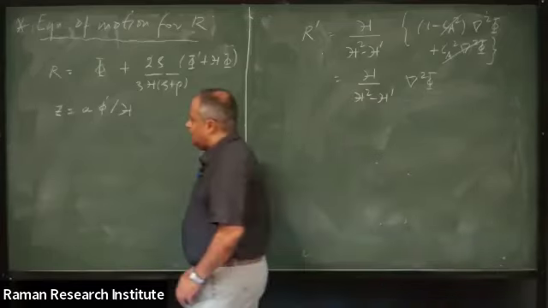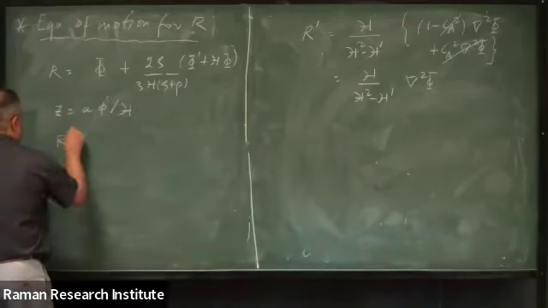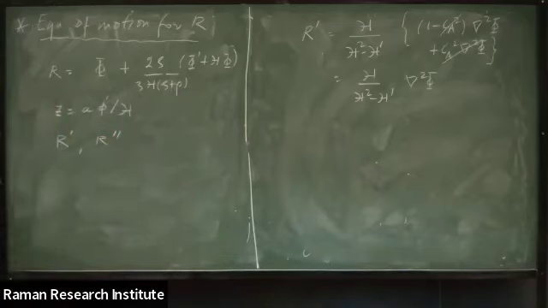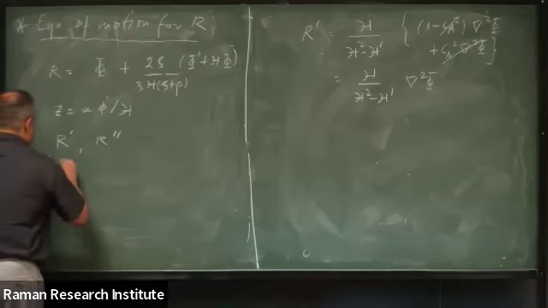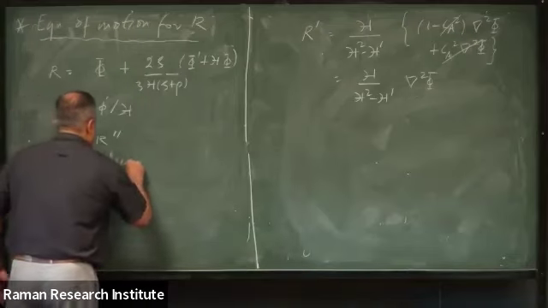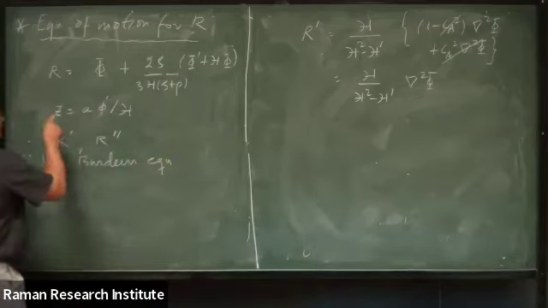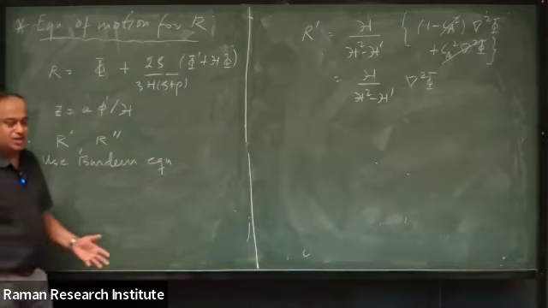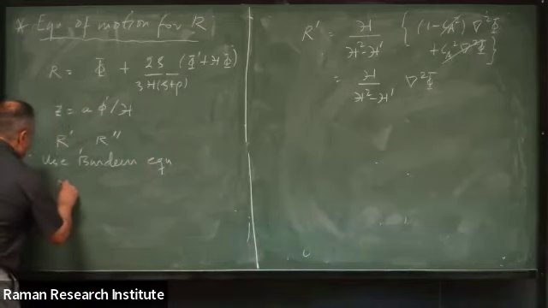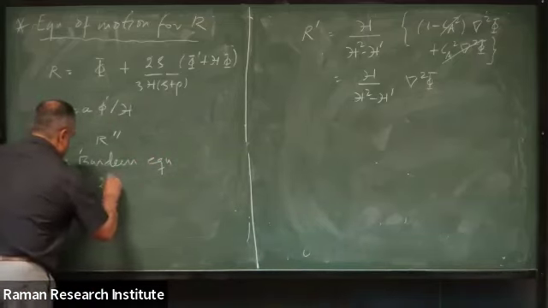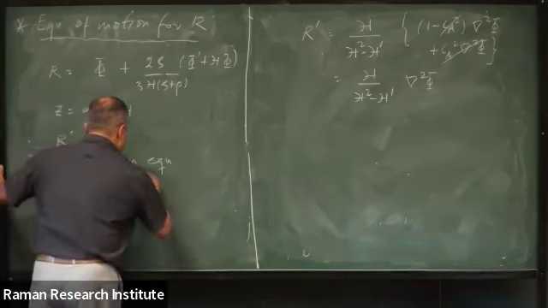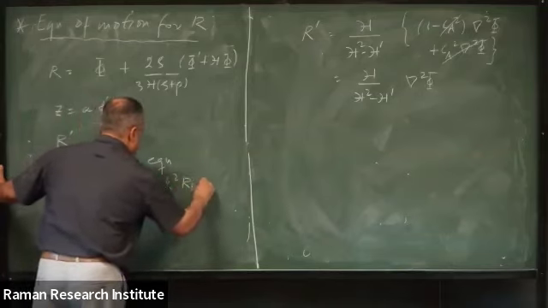I'm going to take R prime and R double prime and use the Bardeen equation, and of course the definition of R and z that I have here. When I do that, you will arrive at this famous equation of motion governing the curvature perturbation. In Fourier space, R_k double prime plus k squared R_k equal to 0 (with the z-dependent terms).